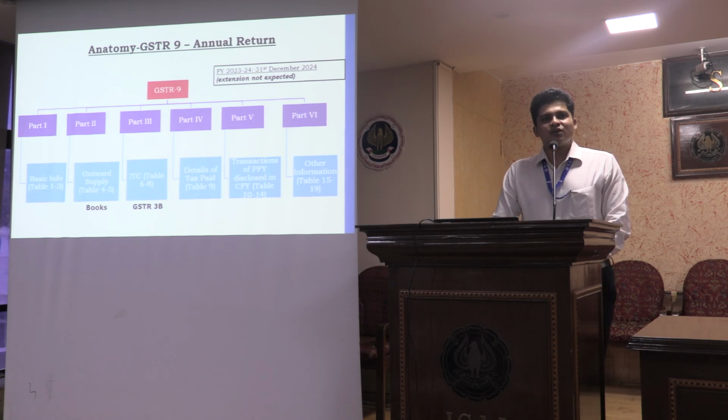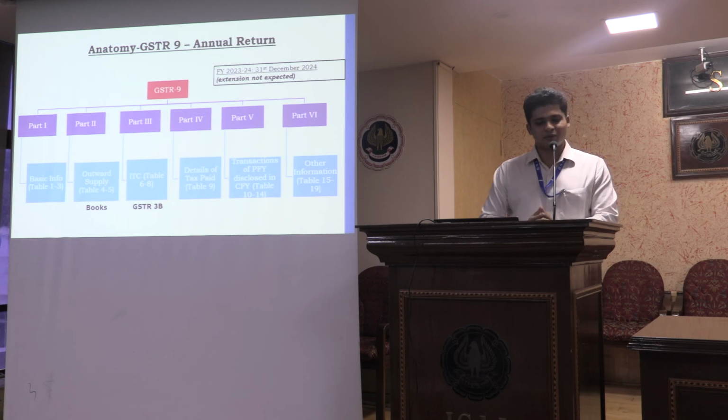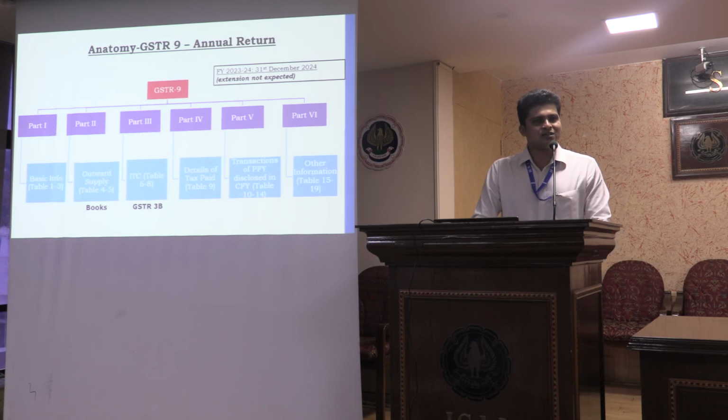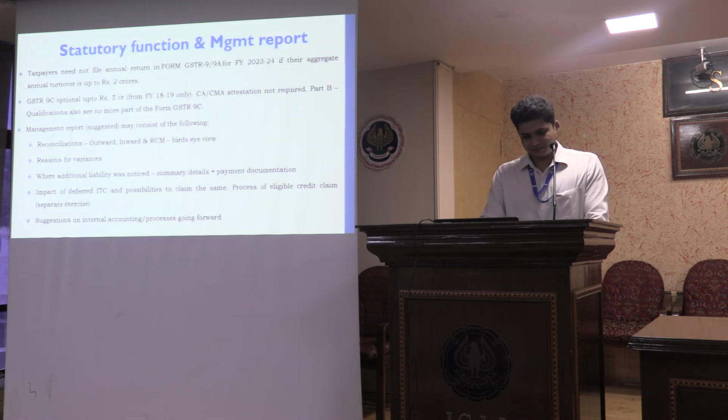So keeping this information in mind, this is the basis of preparation and the anatomy of this return. In part 5, you have another set of important transactions, which are transactions of the present year, which are disclosed in the next financial year. Other details more or less are optional and not mandatory other than the HSN output table. We will come to that.